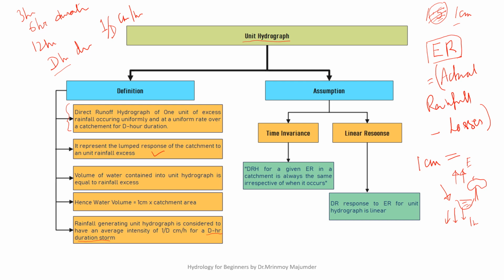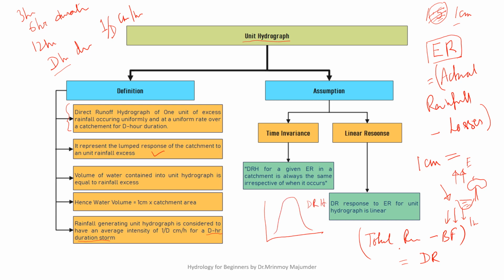So that is why we say, total runoff minus base flow, that is your direct runoff. And when you plot that direct runoff in a 2D curve, you get the direct runoff hydrograph.